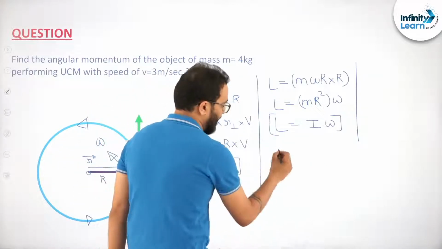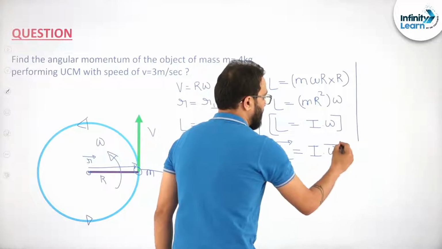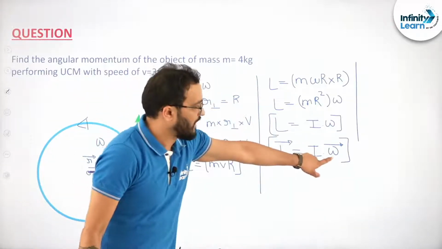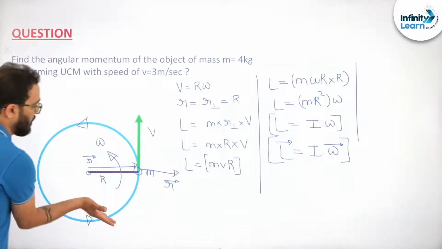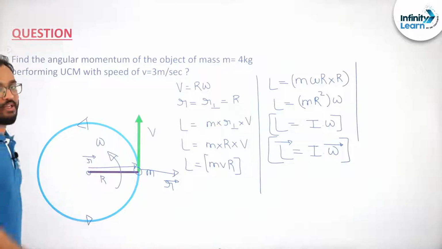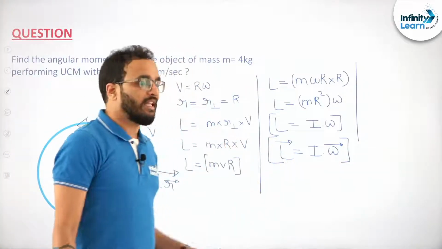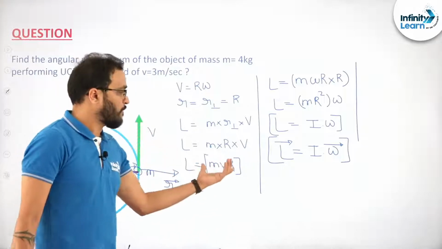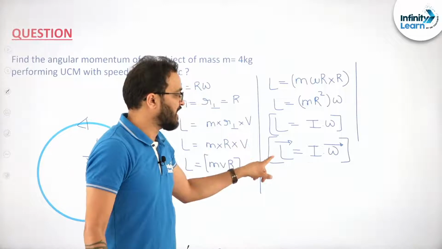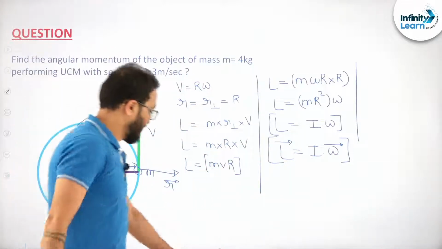So automatically vector L can be seen to be in the direction of vector omega. That means if omega is outside, vector L will also be outside. So if a particle is performing circular motion, then angular momentum is mvr or I omega, and vector L is parallel to omega. Is it understood now? I hope it is clear.